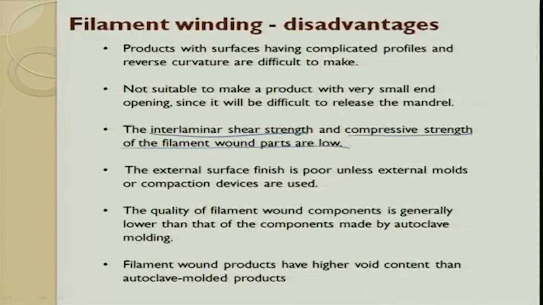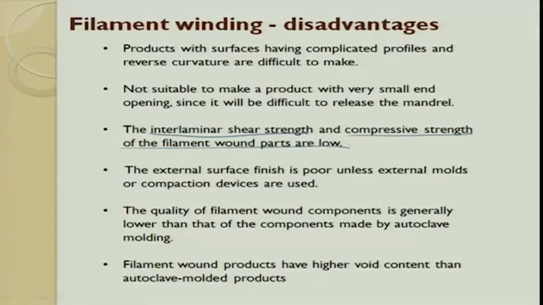The external surface is generally poor, and you should understand why: we have a mandrel, we put the filament winding on top of it, so the surface is undulated. However, you can finish it, but the internal surface is very good while the external surface is not uniform.